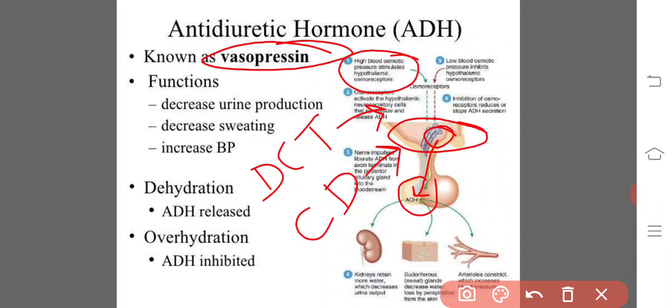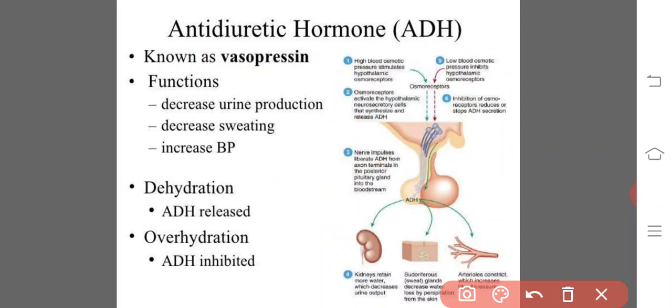Diuresis is somewhat a release of more water. So ADH restricts the water wastage through the urine, so that it is antidiuretic. Whenever ADH is present, the functioning of the kidneys is different from when there is no ADH.